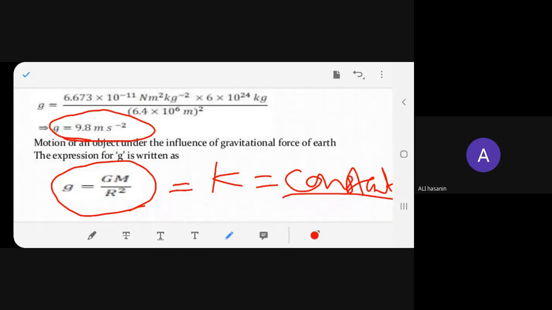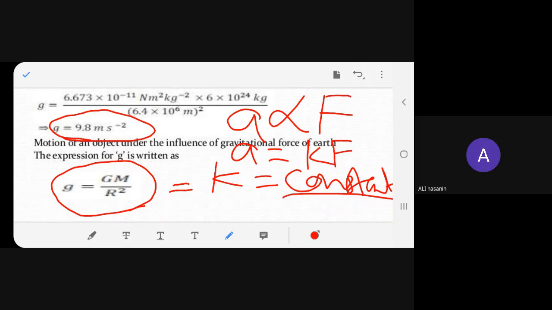Whenever we write, remember, A is proportional to F. But when I put A is equal to, then I have to write k and then F. You understand? Whenever I'm equating the proportional sign, I have to put a constant, and that constant we generally take as k. So that remains constant.